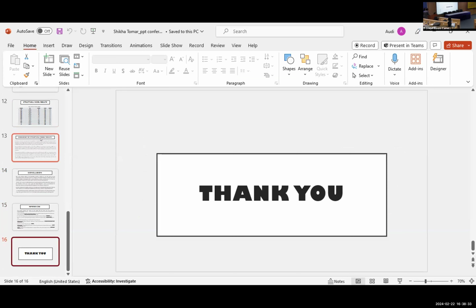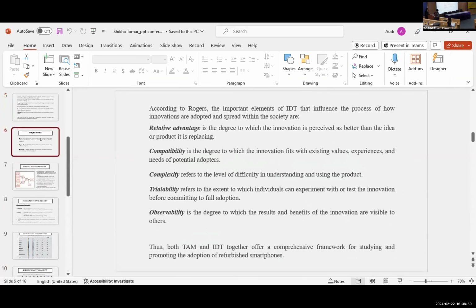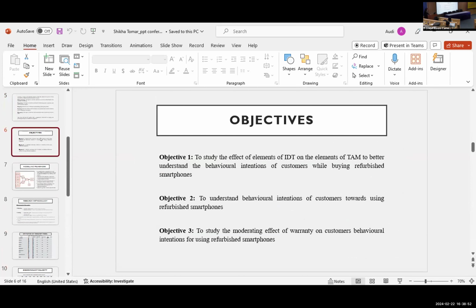So you can ask questions if you want. Okay. Shikha, thank you for the nice presentation. Can you go back to the 3 objectives? Look at objective number 1 and objective number 2.